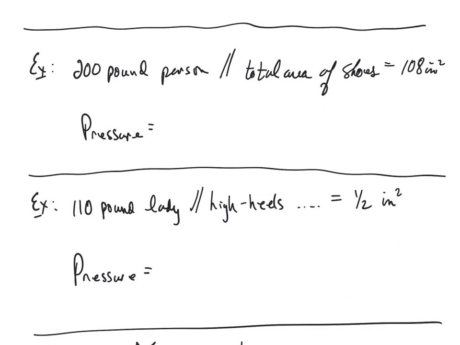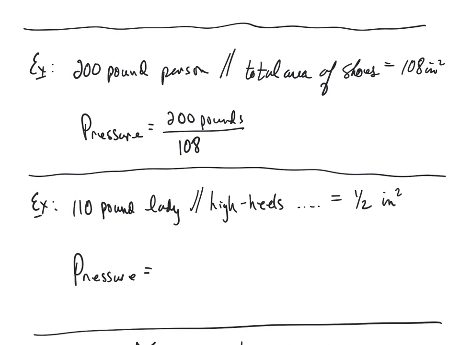What if we were to have a 200-pound person and the total area of their shoes, so they have two shoes on and the area is approximately 108 square inches, what would the pressure be? Well, it's going to be the force. So here the force would be represented by the weight of the person, 200 pounds, divided by the total area of their shoes.